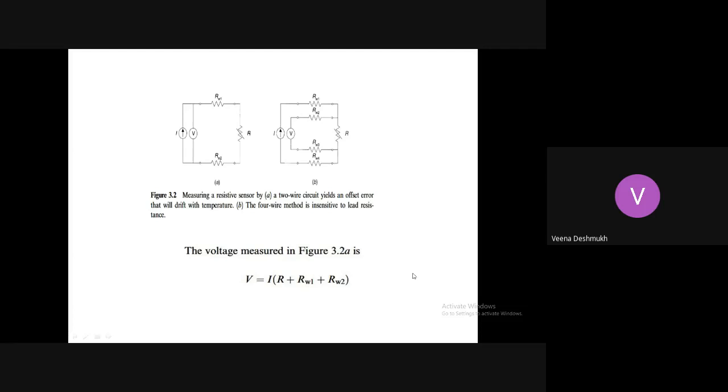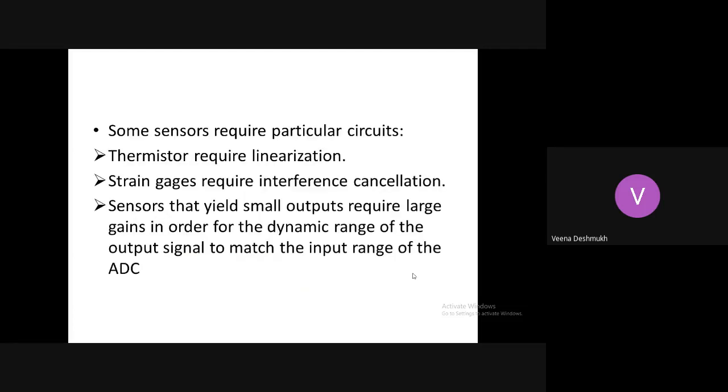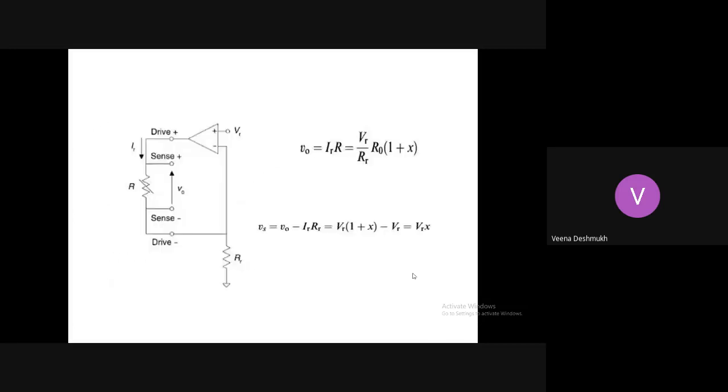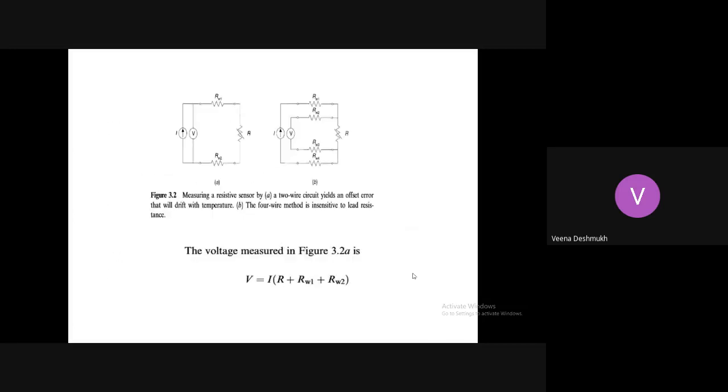For that, we studied in the previous class the basic simple resistors, how they can be used, either a simple series limiting resistor or a parallel resistor connected in parallel or series with the sensing resistor, how it can be used for conditioning the signal.